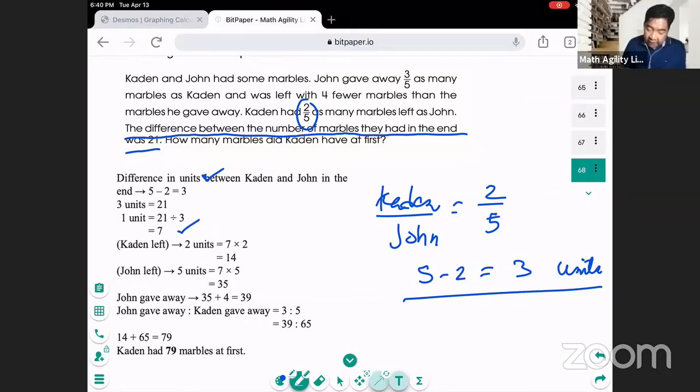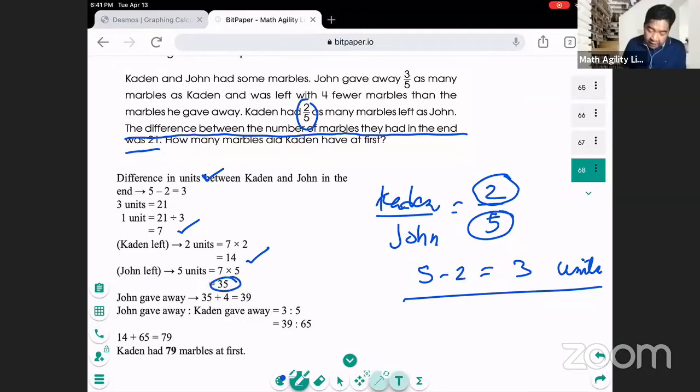Caden left is 2 units, so 2 times 7 is 14. And the number of marbles for John is 5 units, so 7 times 5 would be 35.